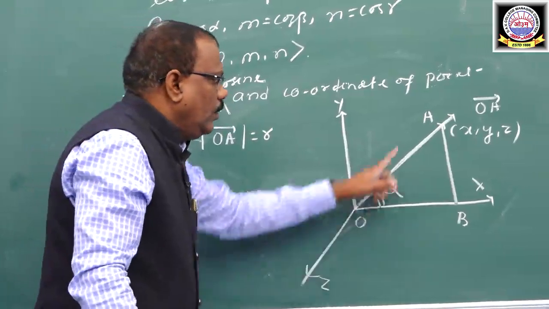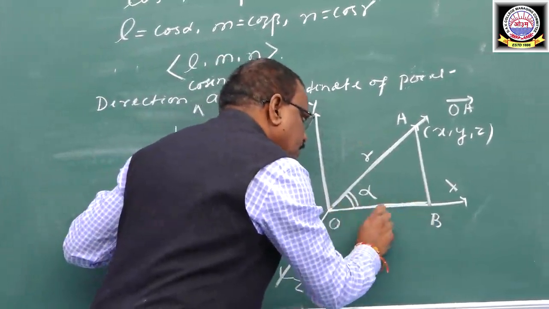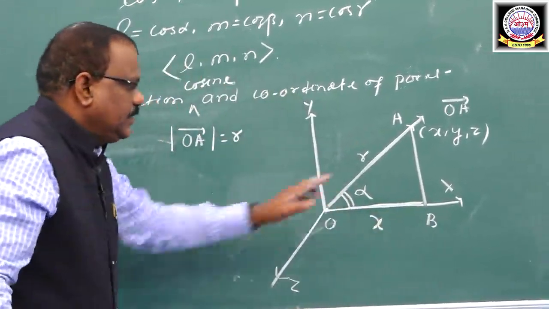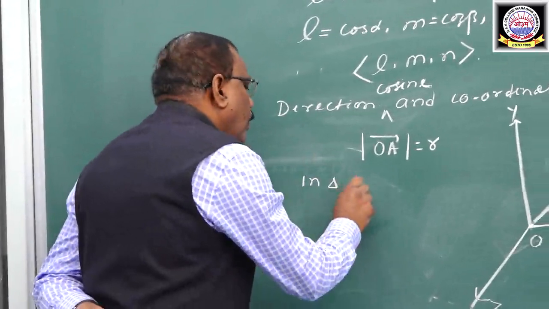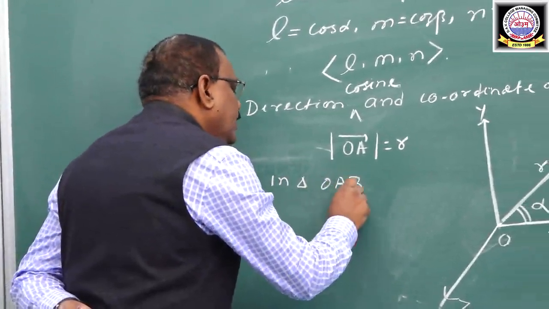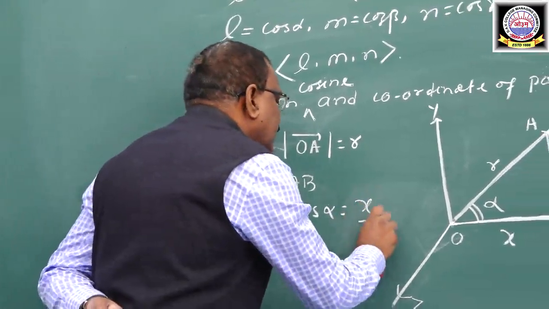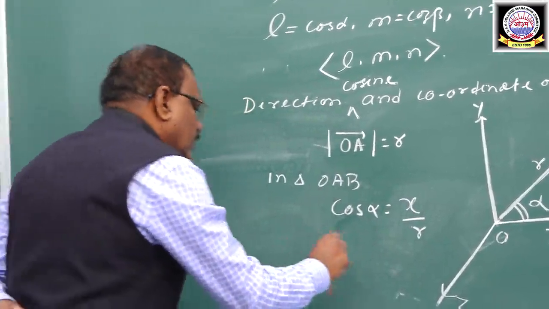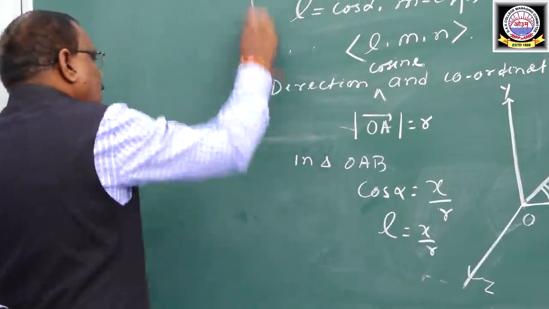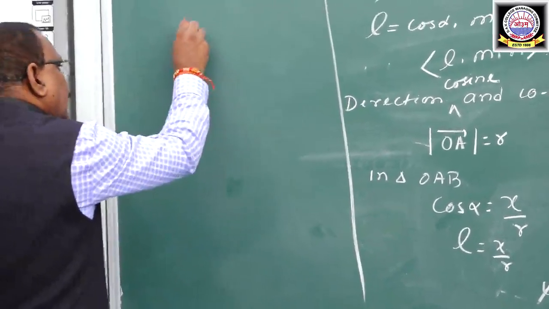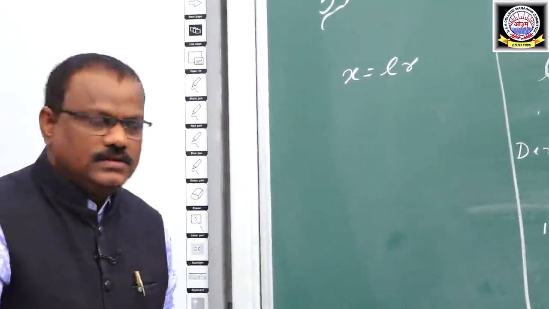Now in triangle OAB, this is r and this is the x coordinate of point A. So let us find cos alpha. In triangle OAB, what is cos alpha? Now cos alpha is base by hypotenuse, x by r. And the other name of cos alpha is L. L is equal to x by r. So what did I get here? I got x equal to L r, by cross multiplication.